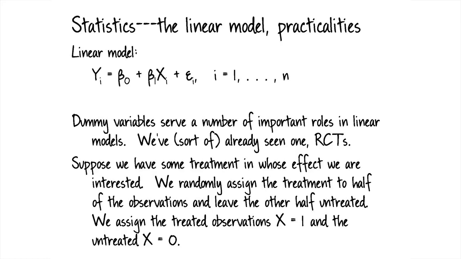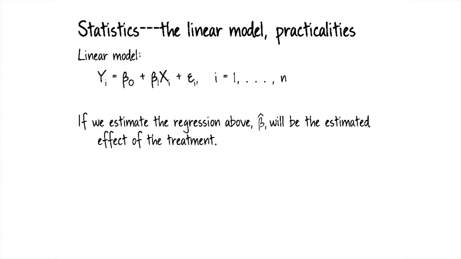Suppose we have some treatment whose effect we're interested in. We randomly assign the treatment to half of the observations, leave the other half untreated. We assign the treated observations x equals 1, and the untreated x equals 0. And then if we estimate the regression above, beta 1 hat will be the estimated effect of the treatment.